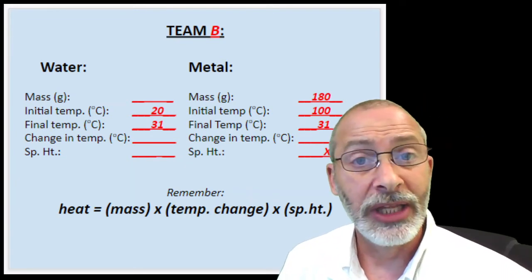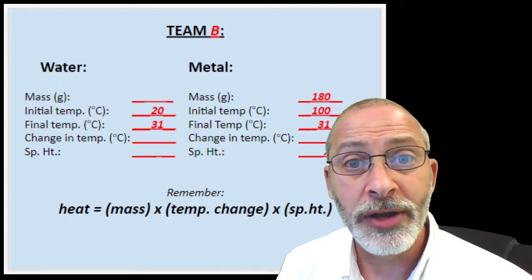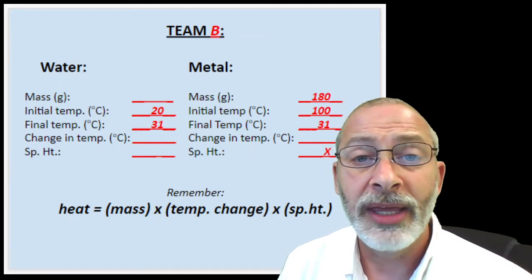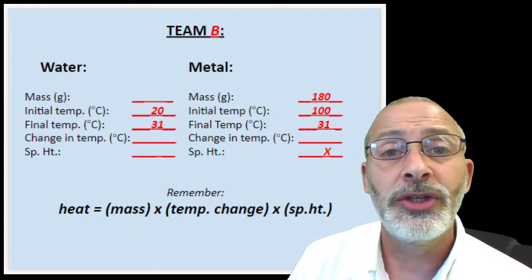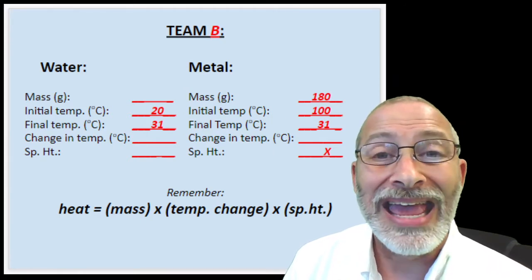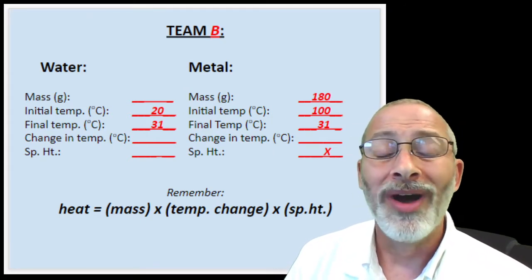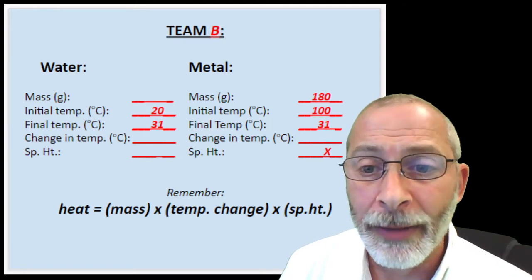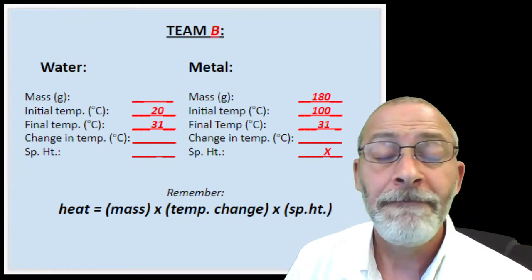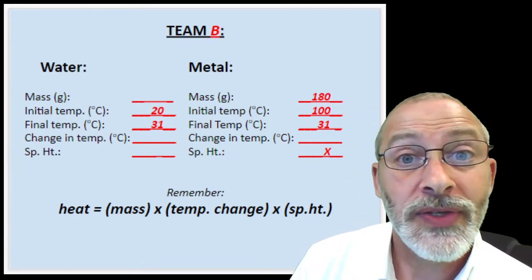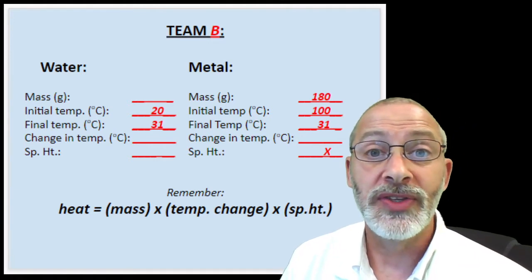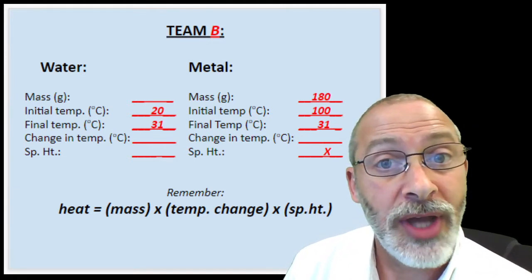I also took the liberty of drying off your hunk of metal and determining its mass, and it turned out to be 180 grams. And the specific heat of your metal is also X at this time, because that's what you are going to be solving.